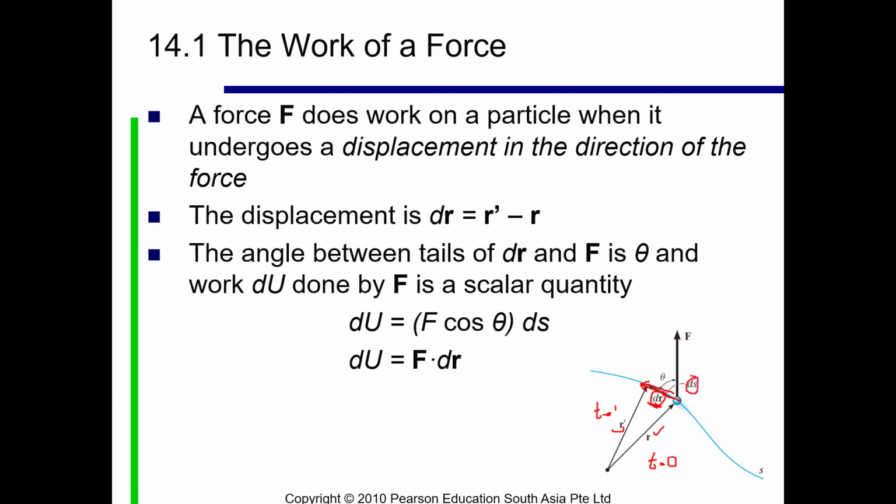The distance is ds here, which is the scalar part. The distance traveled is shown here, the force is acting like this, and the angle between these two is referred to as theta, right?